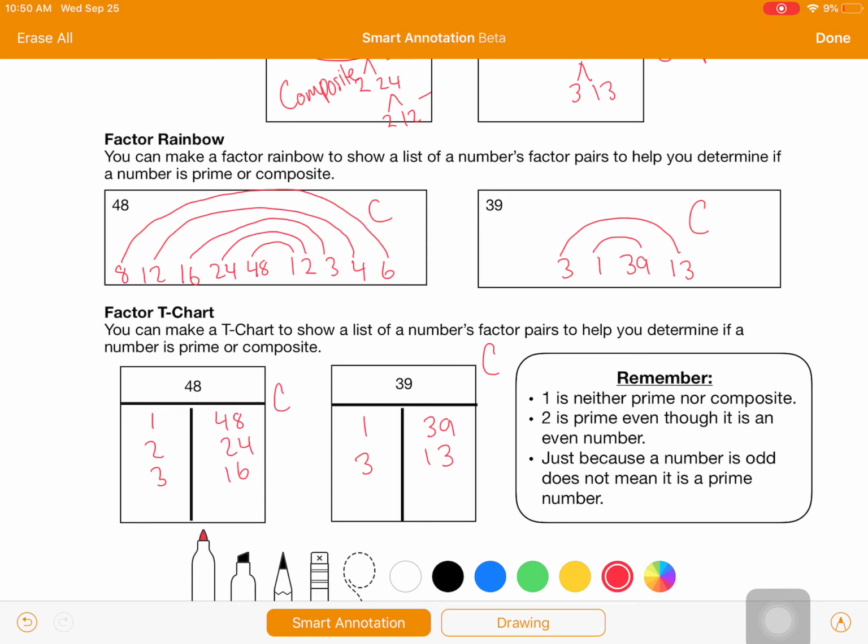It is the only even prime number, though. All other even numbers are divisible by 2, so therefore they are composite numbers. And remember, just because a number is odd does not mean it's a prime number. 39 is a really great example of that. It has more than 2 factors and it's odd, so we consider 39 a composite number.